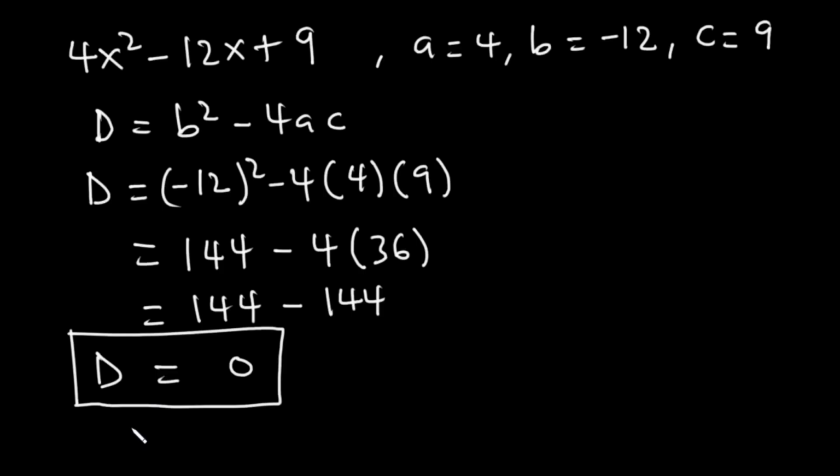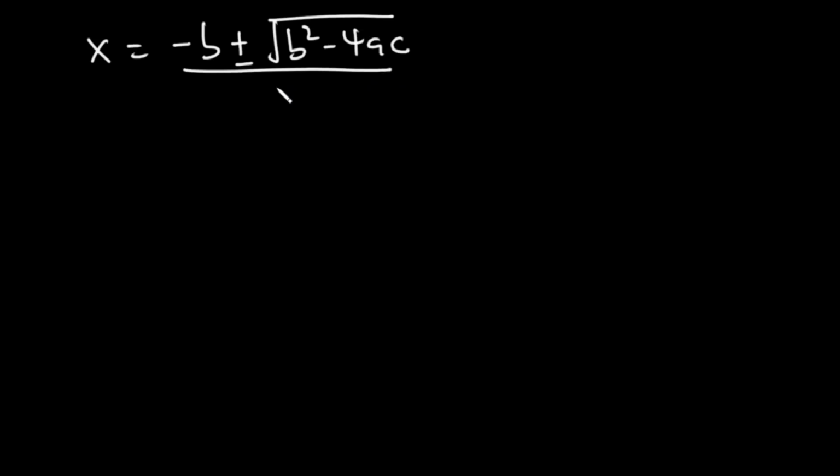Now let's confirm the answer using the general quadratic formula. So once again, the general quadratic formula is given by negative b plus or minus the square root of b squared minus 4ac divided by 2a.